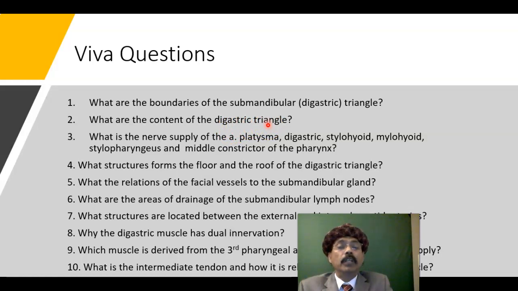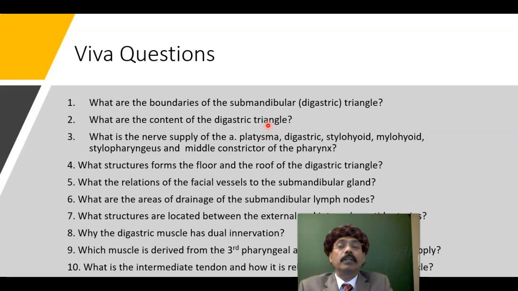Okay. What are the posterior contents of the digastric triangle? The parotid gland. We have the glossopharyngeal nerve, stylopharyngeus, styloglossus muscle, and we have the contents of the carotid sheath like the internal jugular vein, the vagus nerve and the internal carotid artery.